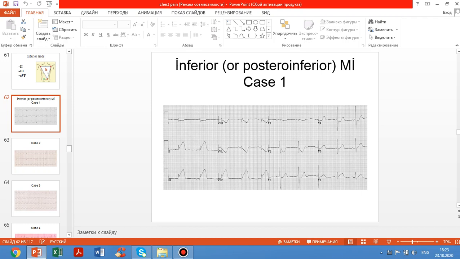Also on V1 and V2 leads, you can see these reciprocal changes in the anterior wall. Reciprocal changes like ST depression are called reciprocal changes.